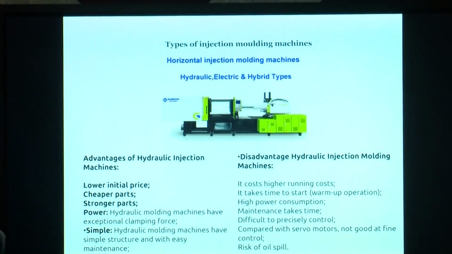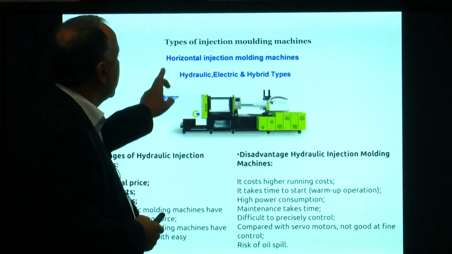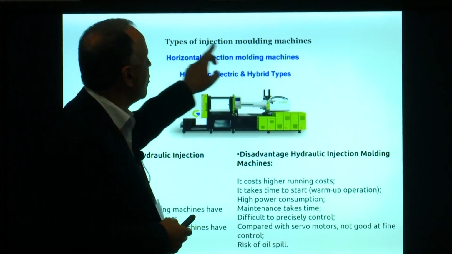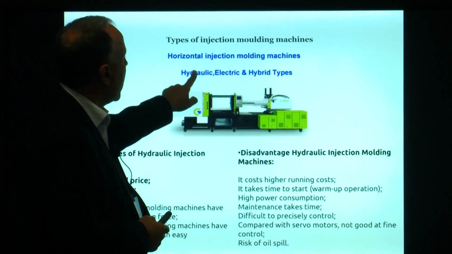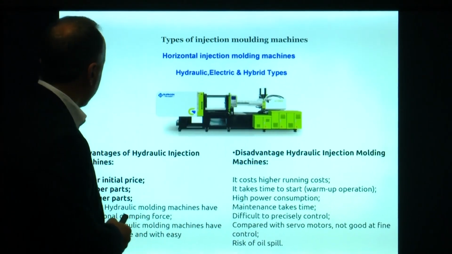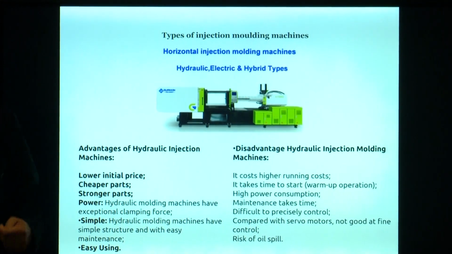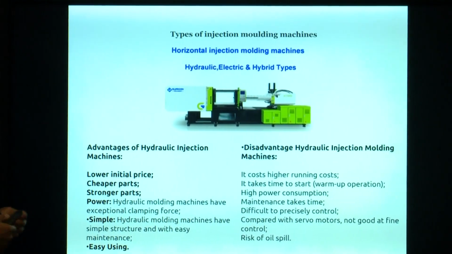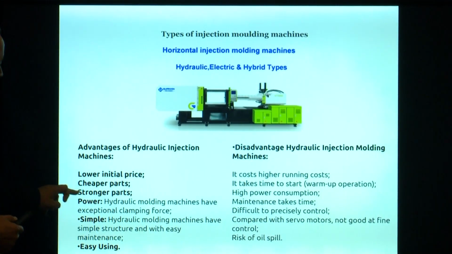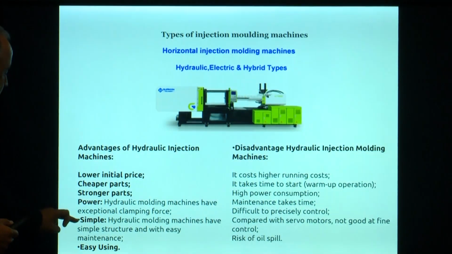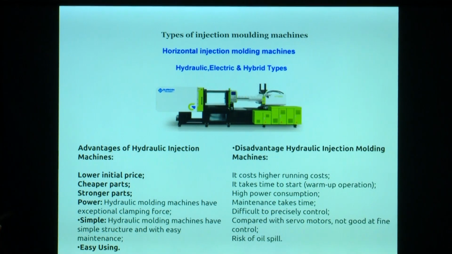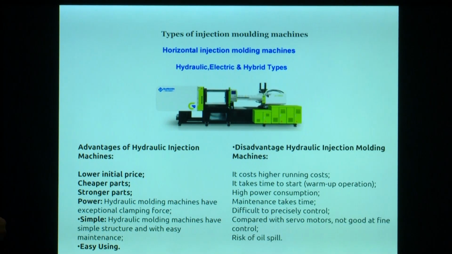Let's see a little bit of advantages and disadvantages concerning the horizontal injection molding machine, hydraulic, electric, and hybrid types. In case of the hydraulic injection machine, some main advantages are lower initial price, cheaper parts, stronger power, simple, and easy to use. But at the same time, for this type of machine, there are also disadvantages.